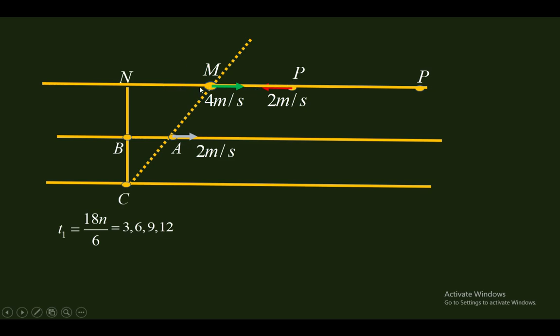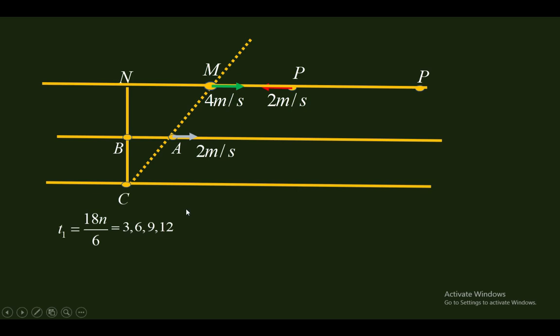But there's one more thing. Poles are moving like this and they will cross N as well. And whenever a pole crosses N, that pole will go out of this window. N is a fixed point, the point where the BC line cuts the pole line. So N is fixed with respect to C. The poles are moving with 2, N is fixed, so the separation decreases at the rate of 2 meters per second, and the separation is in multiples of 18 meters.